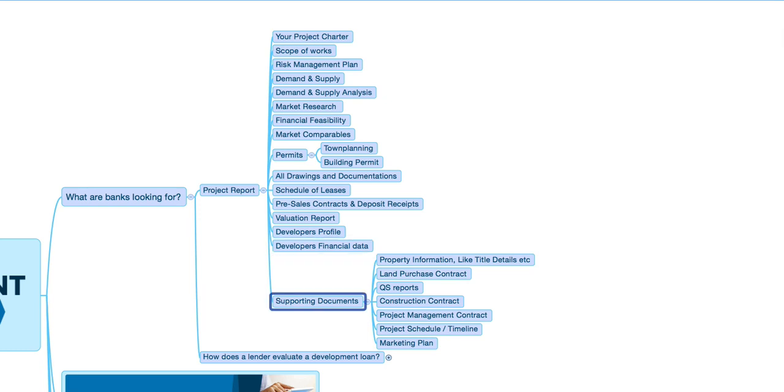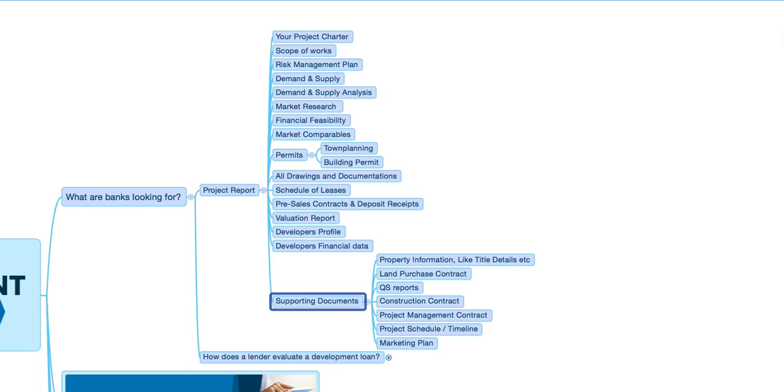And they will ask for some supporting documents, which would include property information like title, plans, land purchase contract, and a QS report. If you haven't got one, they might ask you to get one.